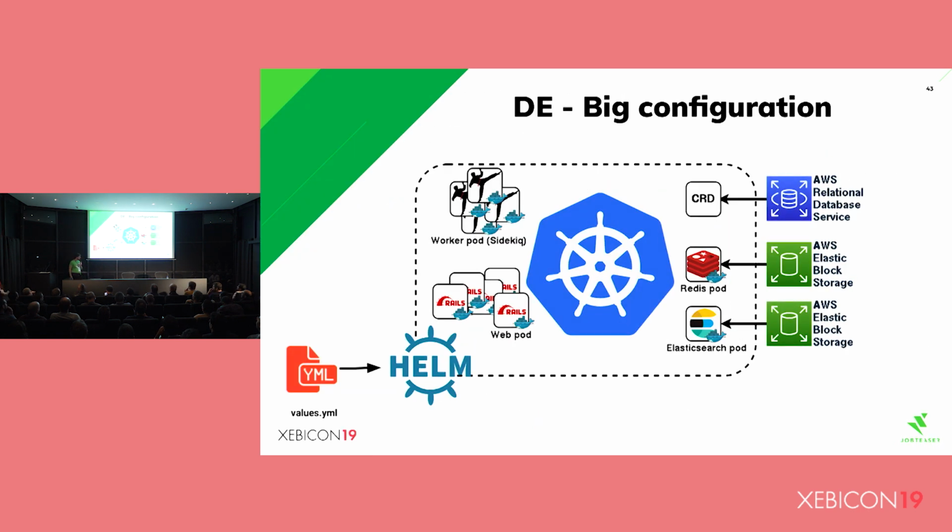So the CRD we are using is a fork, I guess, from Crossplane. We tried to adopt a publicly available CRD, but it was lacking a very important feature, which was restoring from a snapshot.